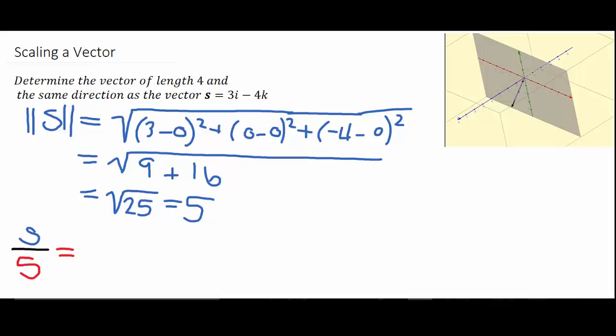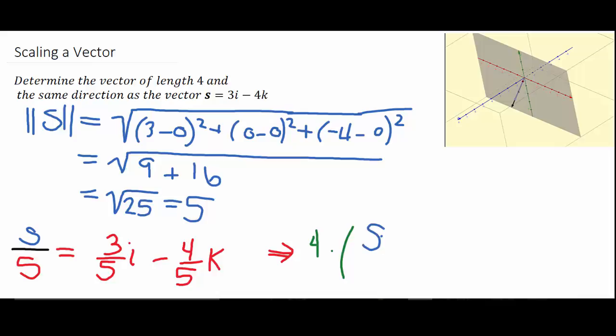So now I could have 3/5 i minus 4/5 k, which is of length 1. I want that to be of total length 4, so I multiply the whole thing by 4: 4 times s divided by its length of 5.